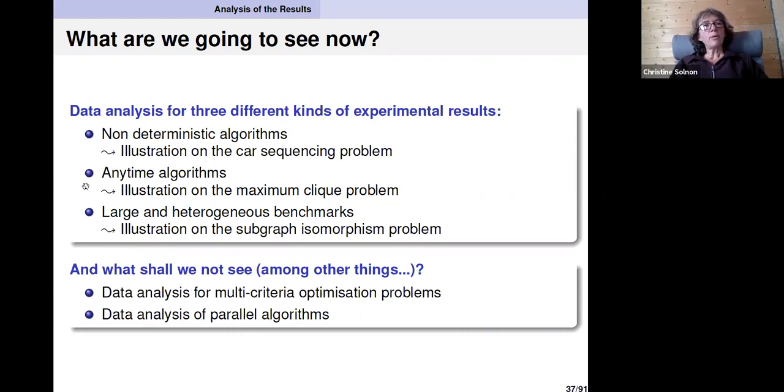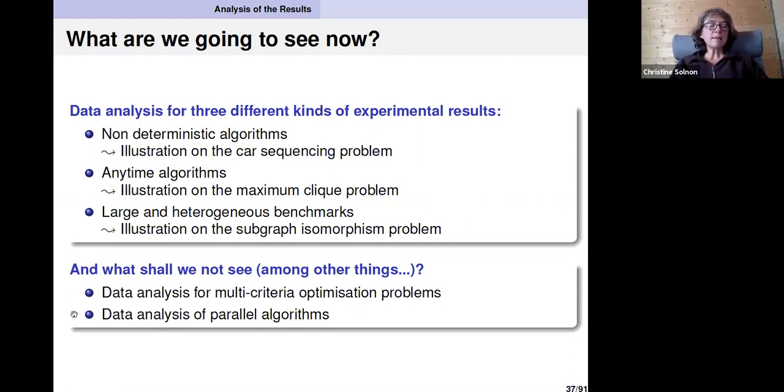Then we are going to discuss how to compare anytime algorithms that solve optimization problems. In this case, we will have a non-deterministic algorithm too. And finally, we will discuss how to compare algorithms when we have a very large benchmark which contains very heterogeneous instances.